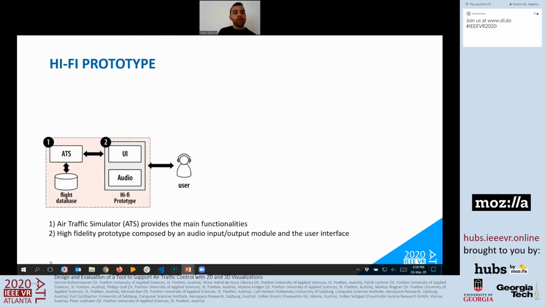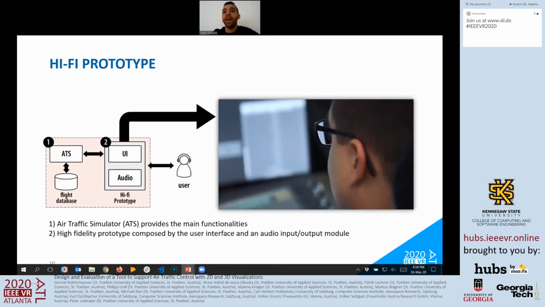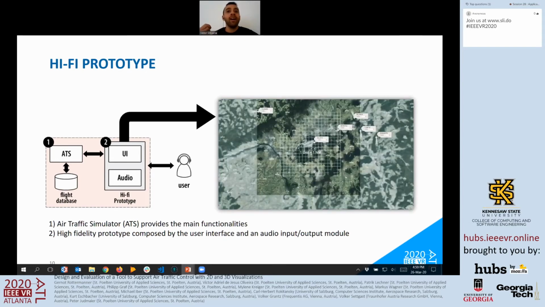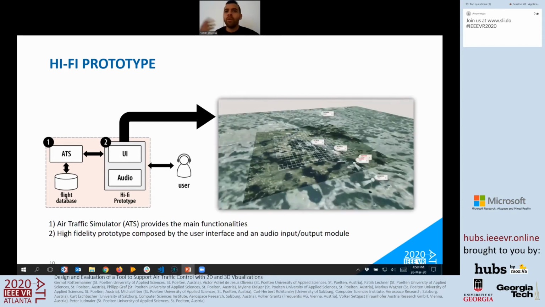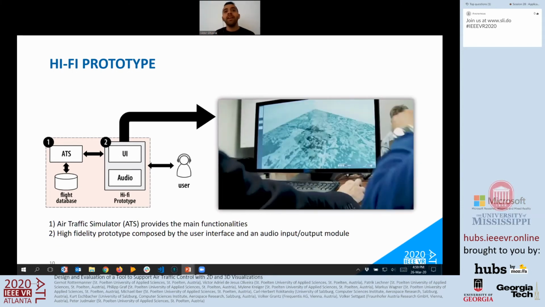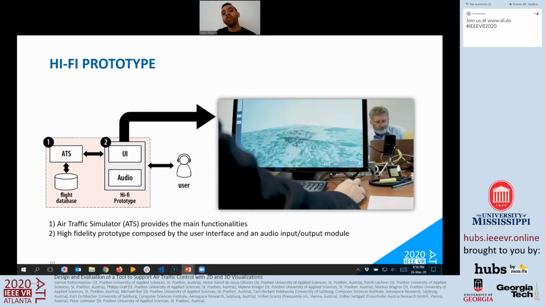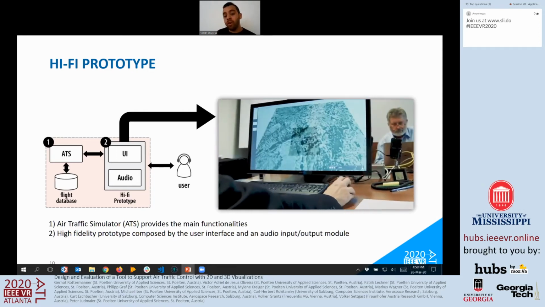So this final high fidelity prototype then is actually an air traffic simulator, connected to a flight database in which we store real flight data, and is connected to our audio input and output module and our user interface, which has information about planes and also turbulence categories, system time, current tilt angle, compass, but most importantly, that allows the HCOs to switch between orthographic and perspective views on demand.